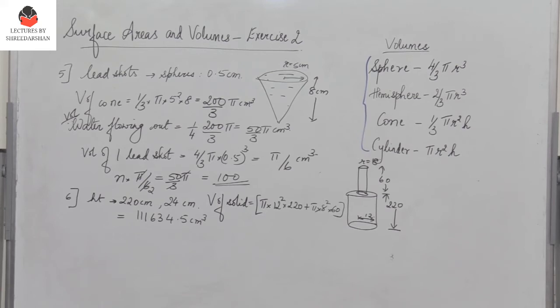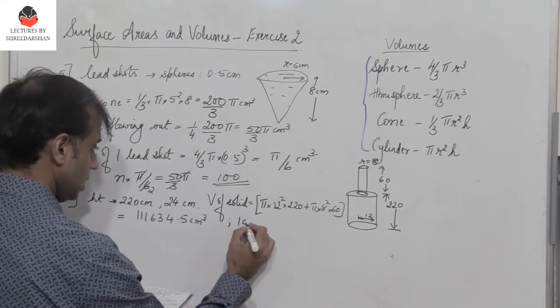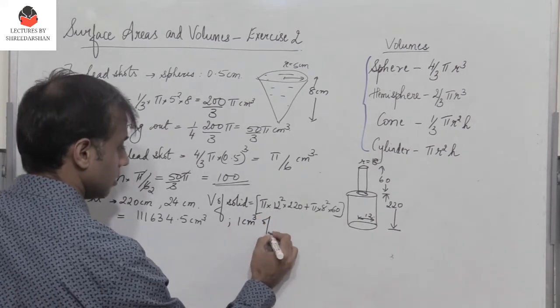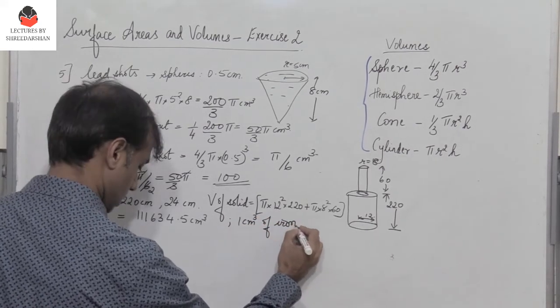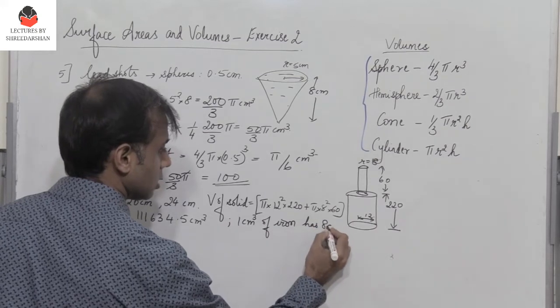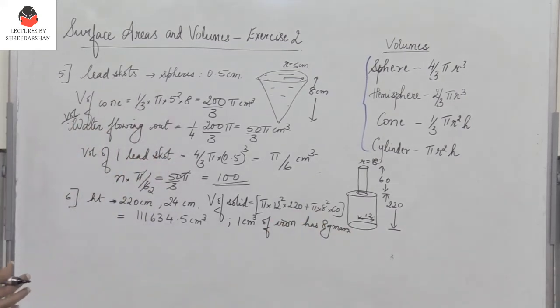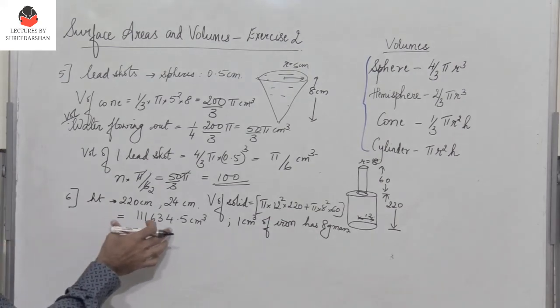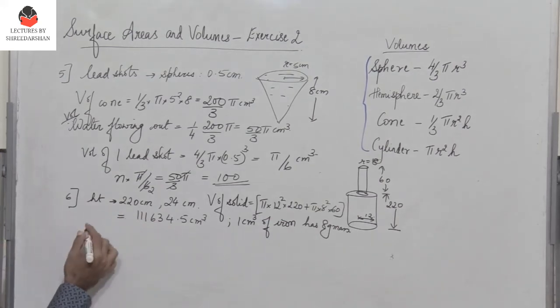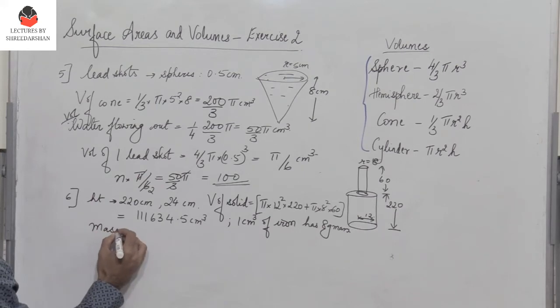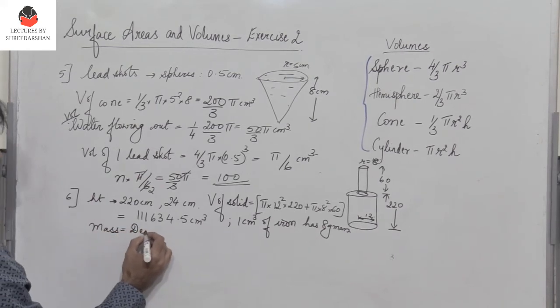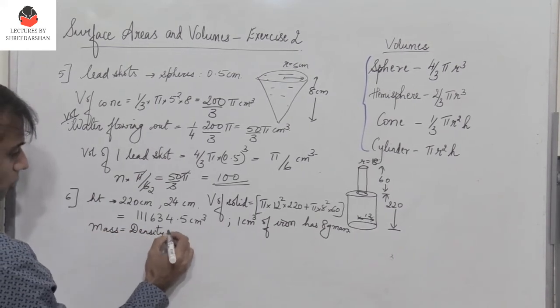Now it has been given that we need to find the mass of the pole if 1 centimeter cube of iron has 8 grams mass. This is the total volume of the solid. We know that mass equals density into volume.